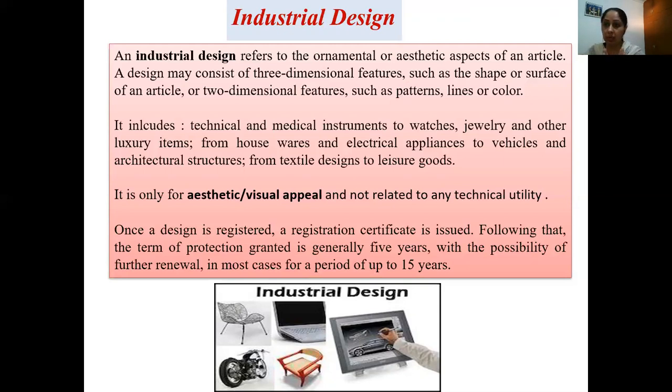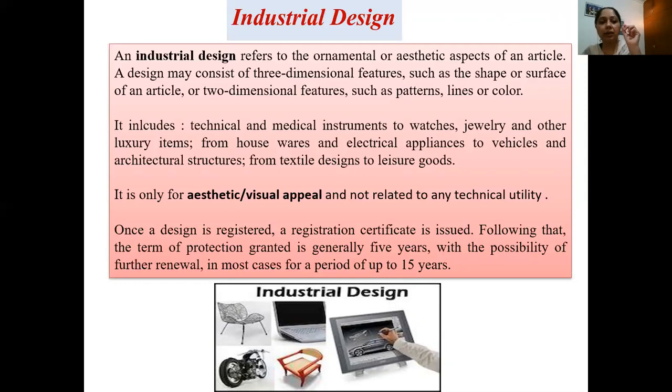But unlike patent, industrial design has nothing to do with utility. Design is something which increases the aesthetic value of a particular product. Right? It is not related to any technical utility. If it is related to technical utility, then you have to go under this previous IPR.